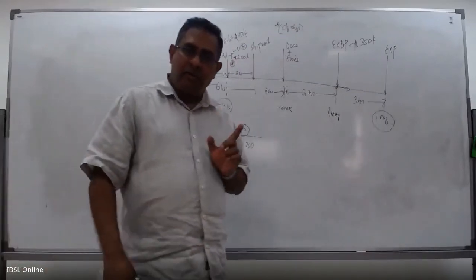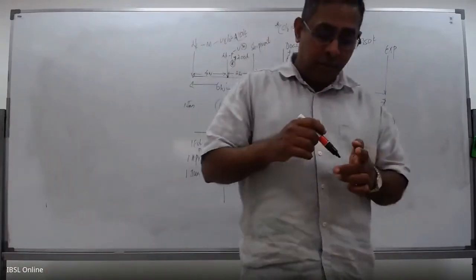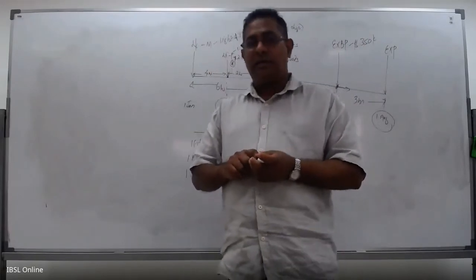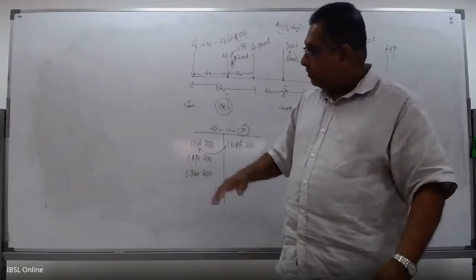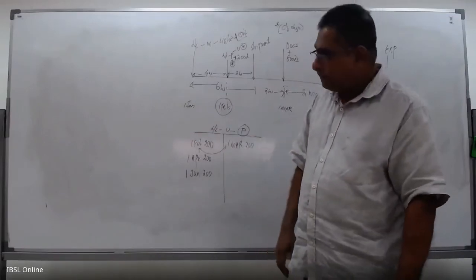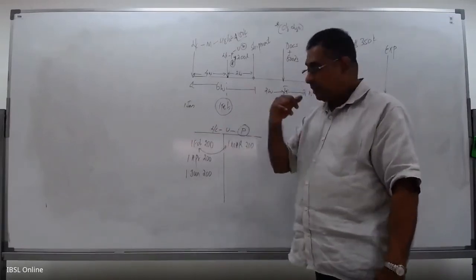Now, the ways of calculation: make sure that you write, not for you to understand, but so that the examiner will not get confused, the base of calculation. So take down the base of calculation.